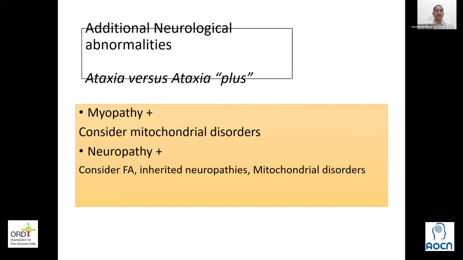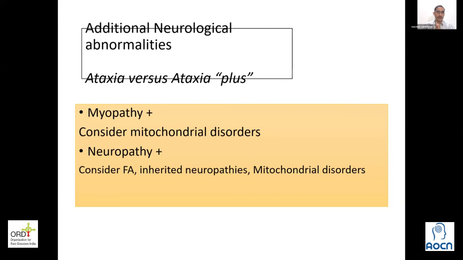Now, one needs to differentiate patients who have pure ataxia from those who have ataxia plus syndromes. If you have ataxia plus myopathy, consider mitochondrial disorders.